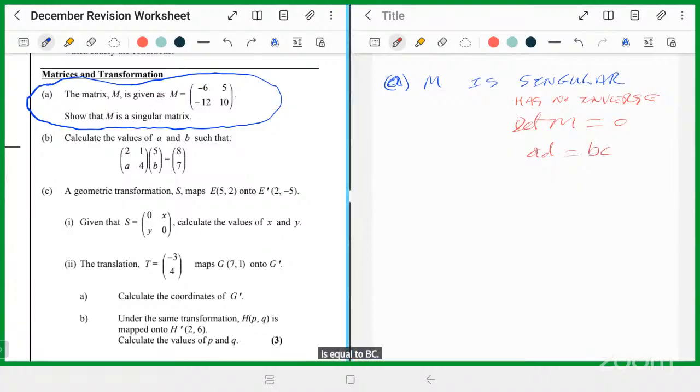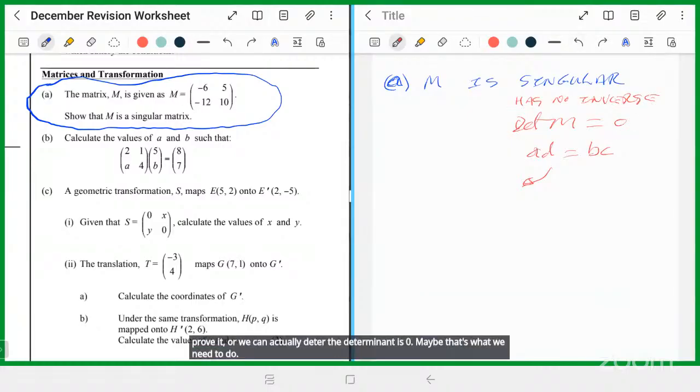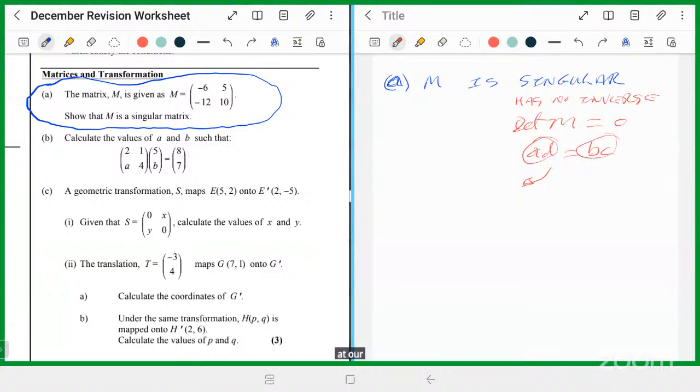Meaning this first diagonal product, which is AD, is equal to this second diagonal product. Because if the determinant is 0, then the 2 diagonal products must be equal. And we can use this to prove it. Or we can show that the determinant is 0. And maybe that's what we need to do. Either we show that the 2 products are equal, or we can show that the determinant is 0. Either way. Alright, let's say we're using this one.